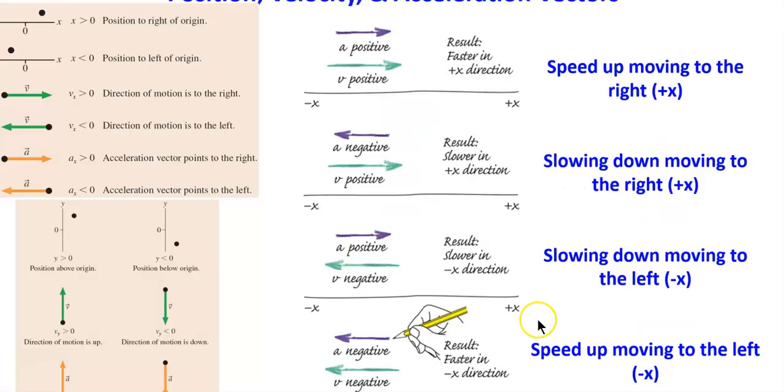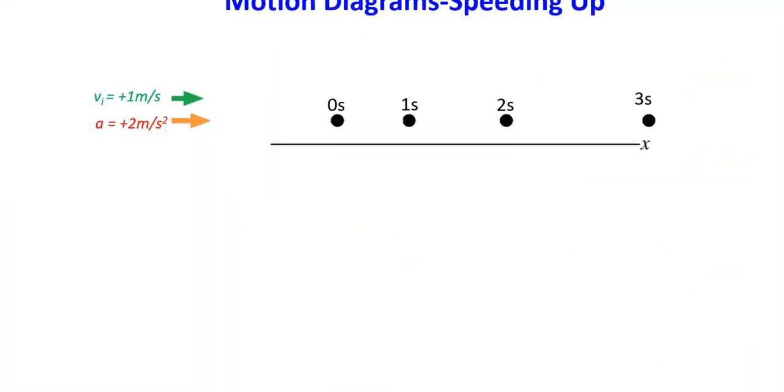Let's look at how acceleration is going to change your motion. Okay? Well, let me expand this so you could see what I'm doing here. Okay, let's try this again.